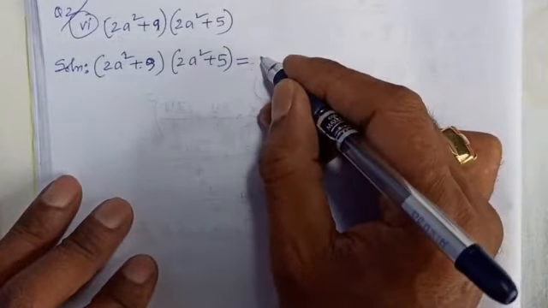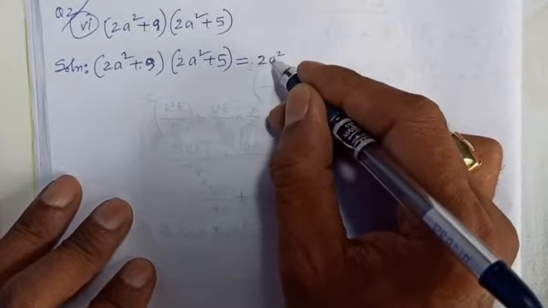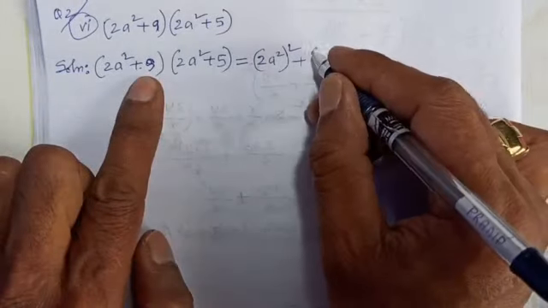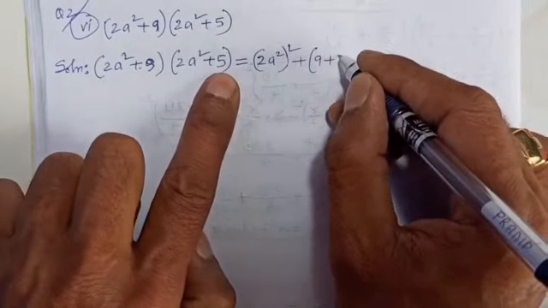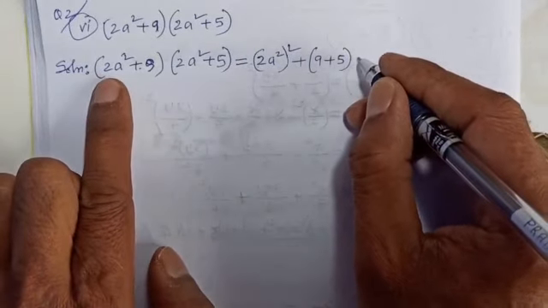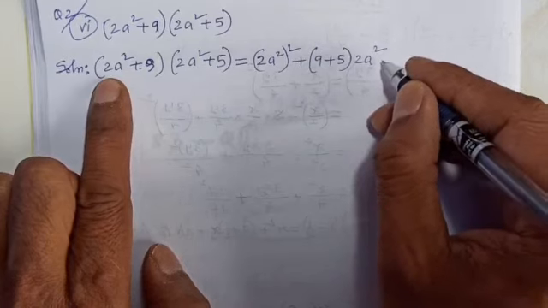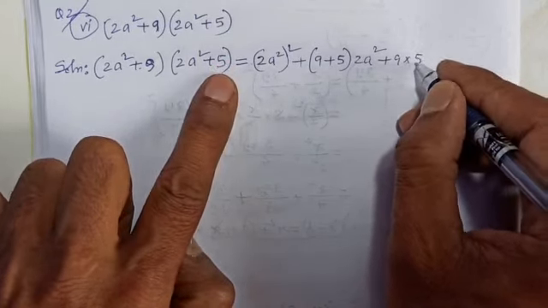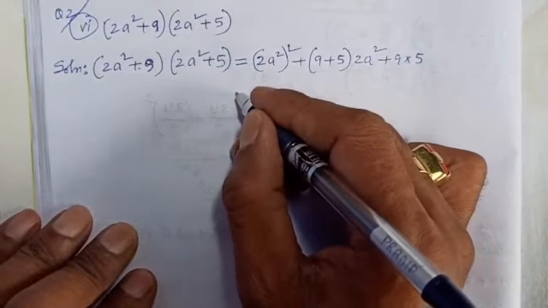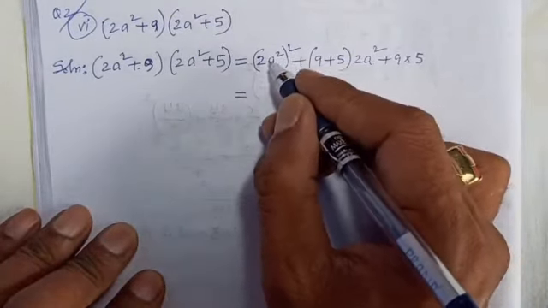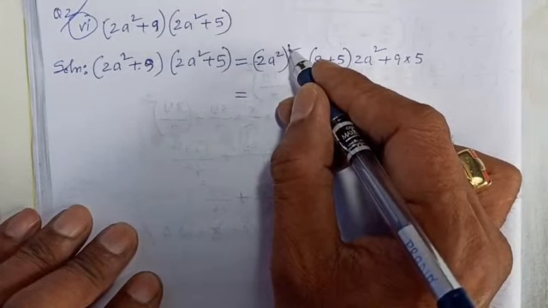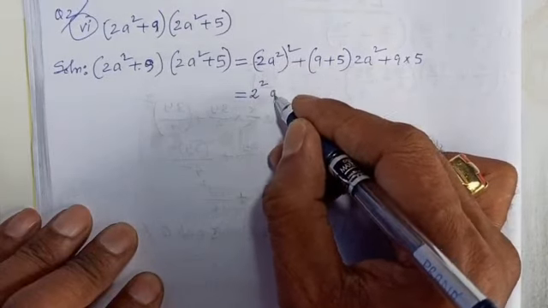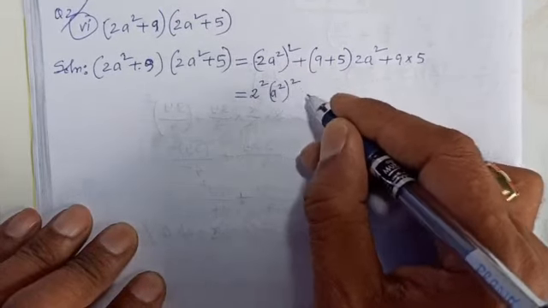So 2a square whole square, then plus sign, this is a plus this is b, after that x means this 2a square, plus sign a into b means 9 into 5. Understand or not? Then next, so if we leave this bracket, this part 2, we have to keep on this 2 again, like this, 2 square, after that a square whole square, like this.